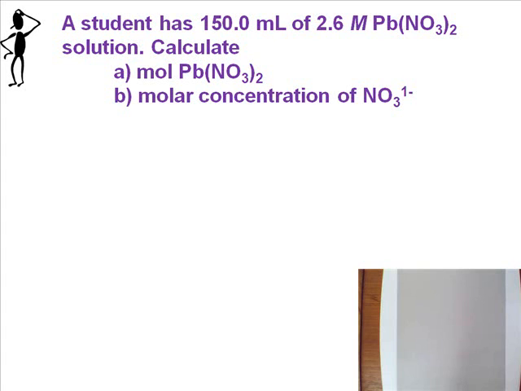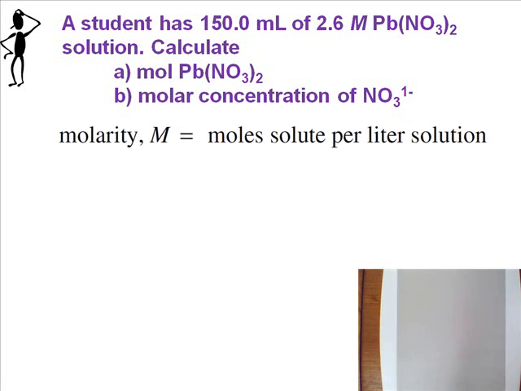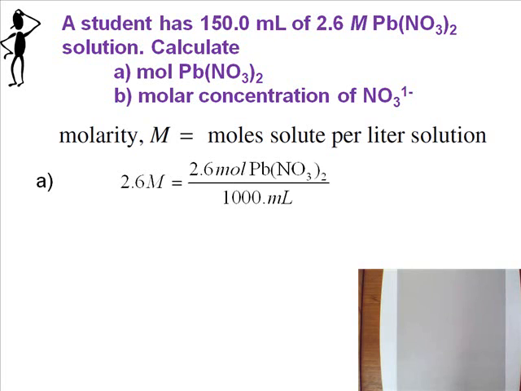Here's another example. A student has 150 milliliters of 2.6 molar lead nitrate. Calculate the moles of Pb present and the molar concentration. So we know that molarity is moles of solute per liter. So here's the first thing we do. We convert the molarity and actually bust out into moles per liter or moles per milliliter.